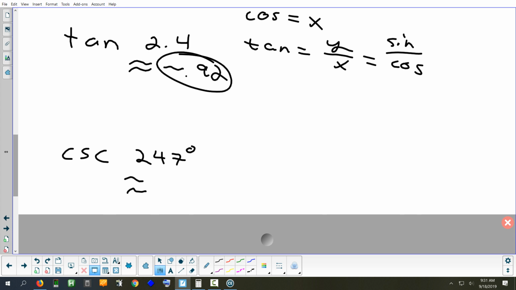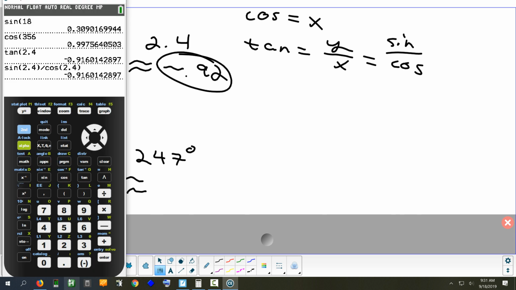And now they want me to type in CSC, cosecant. Do I have a button that says CSC? No. How have we been finding the cosecant all week? What have we had to do? Find the sine, and then do what? Flip it. It's exactly what you have to do here.